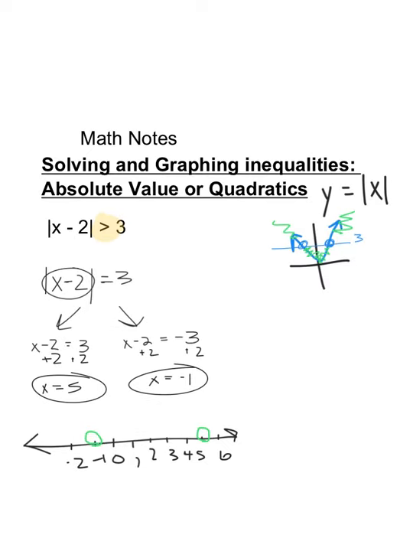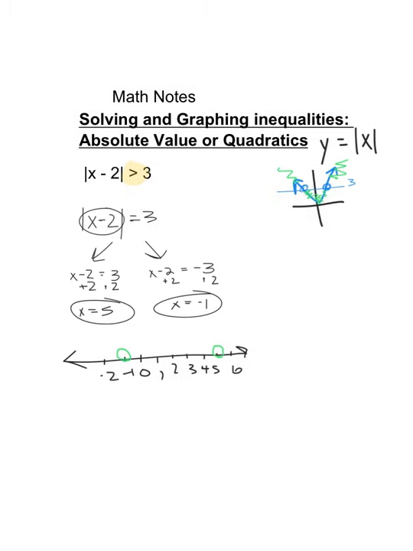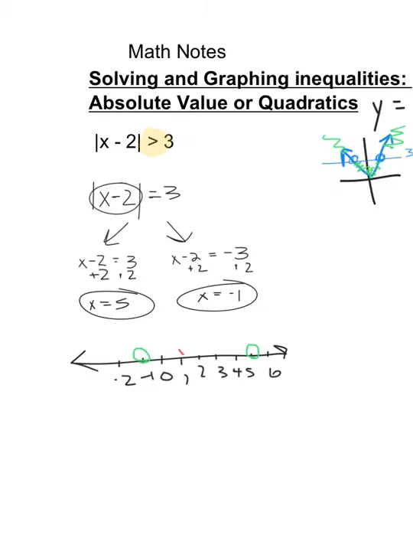So you can test any point, not negative 1 or 5, that's inside the points or outside the points, and see if that's a solution. For example, I'm going to pick 1 as my test point. If I plug in a 1 as x, positive 1 minus 2 is negative 1, and the absolute value of negative 1 is 1, and is 1 greater than 3?